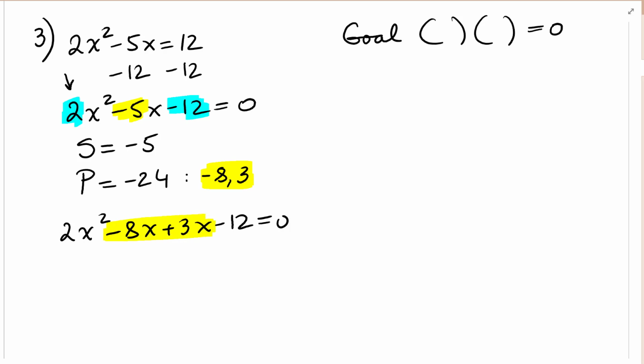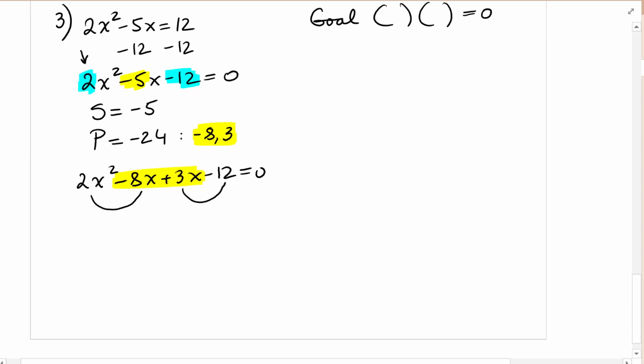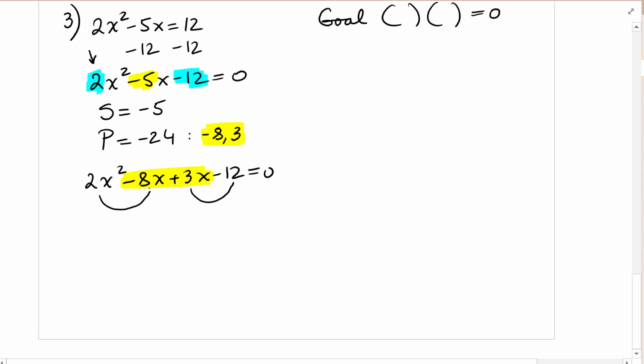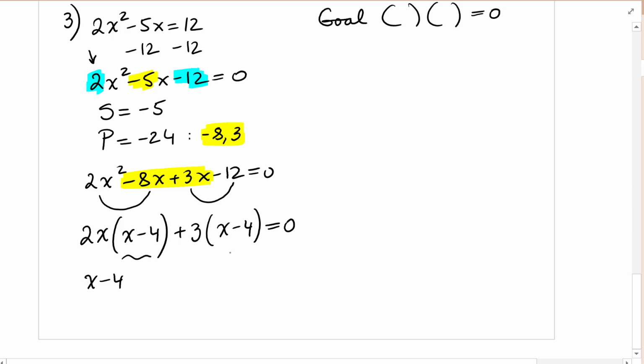Now that we have 4 terms, we are going to group them to be able to factor further. Between the first two, a common factor is 2x, so we get x minus 4. Between the last two, a common factor is 3, so we get x minus 4. So now x minus 4 is a common factor, it's here and here, and then times what is left, it's 2x plus 3 equals 0.